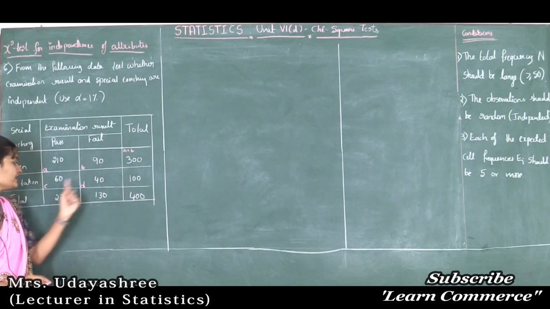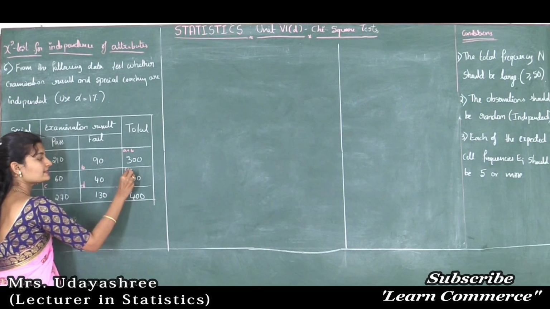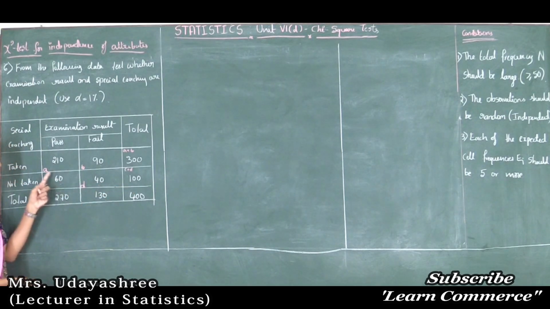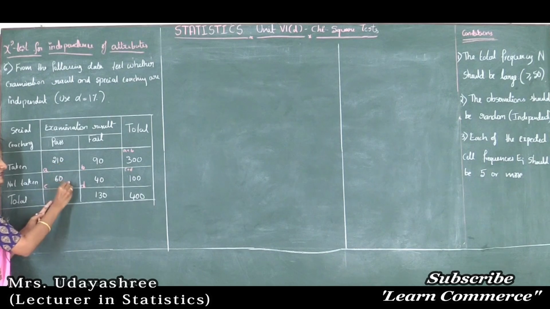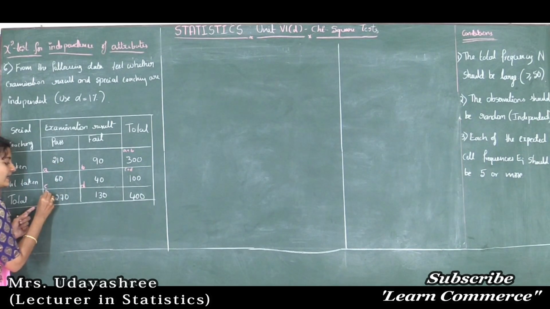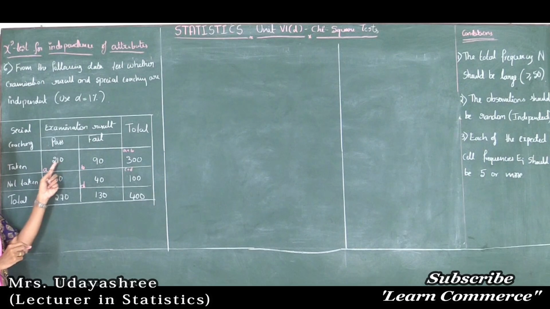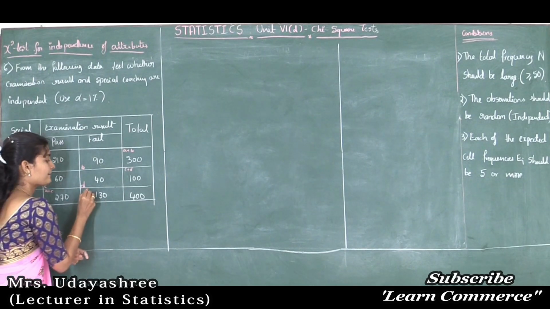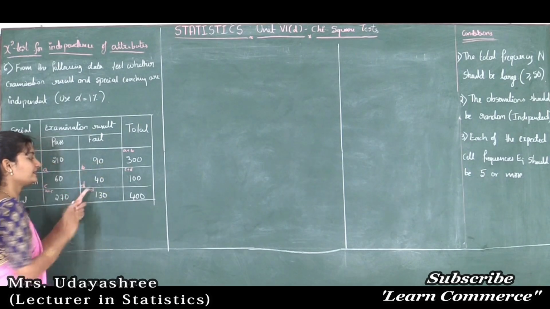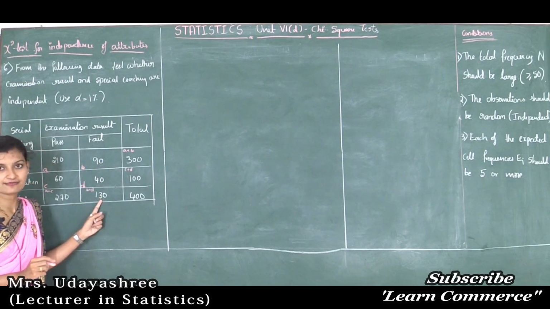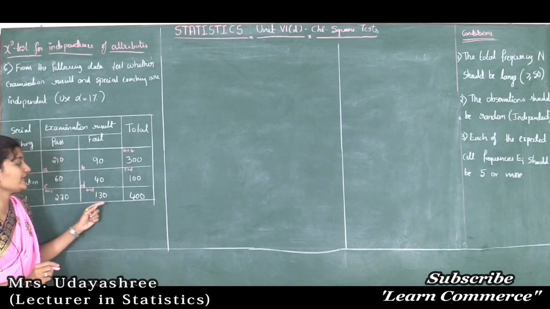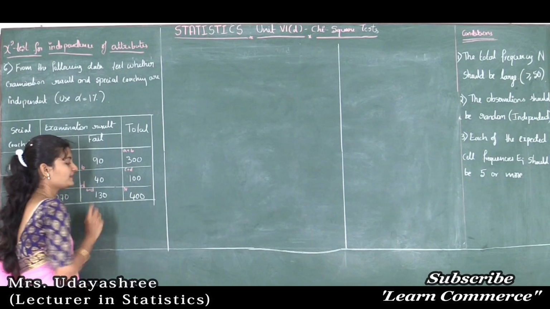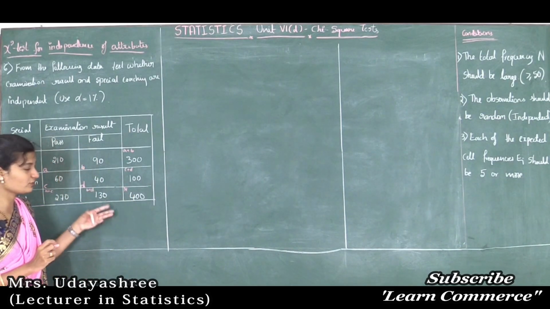Then 270 is 210 plus 60, that is A plus C. Like that, 130 is B plus D, where B is 90 and D is 40, so 90 plus 40 is 130. And we know that the total observation is denoted by capital letter N. So here capital N is 400. Okay, these are the given observations.